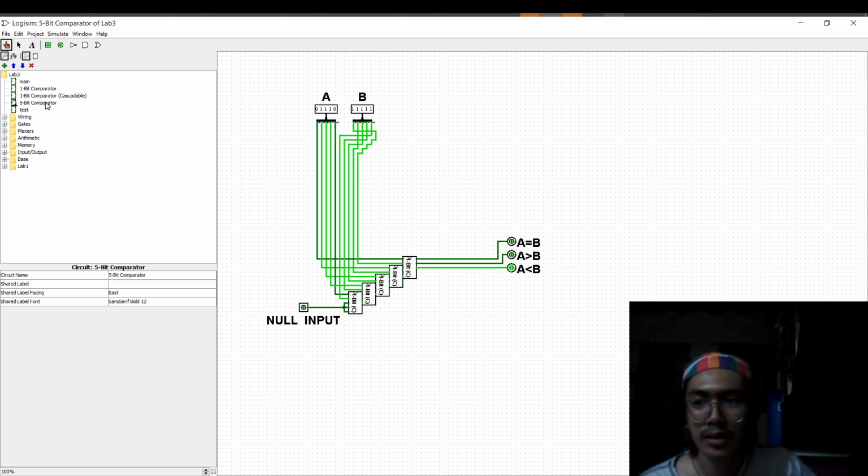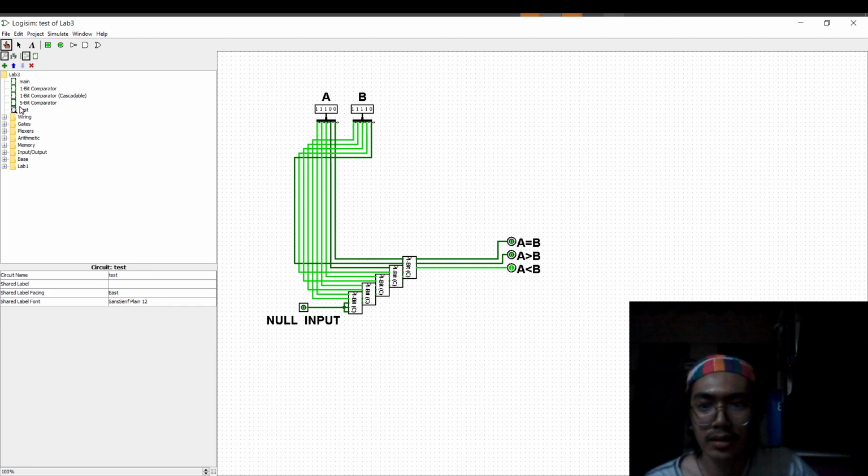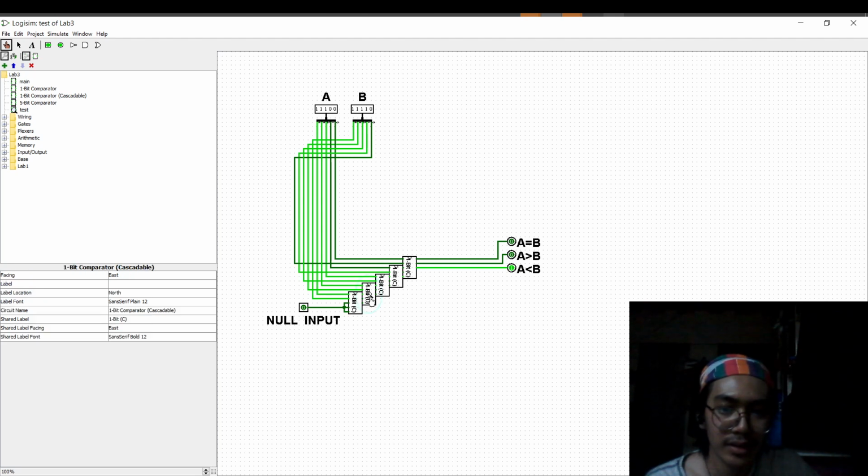So looking at our 5-bit comparator, as you can see, since I made it cascadable, we just combine the output of the previous comparator to the input of the next comparator with regards to the equalities.